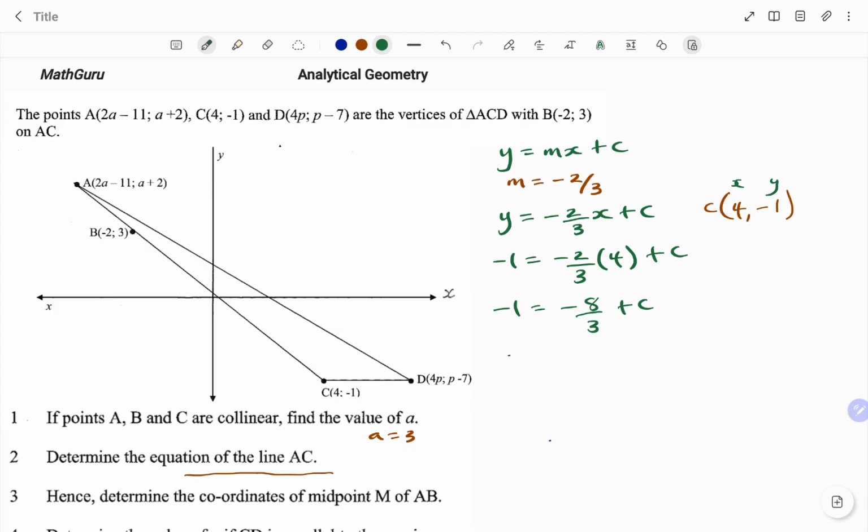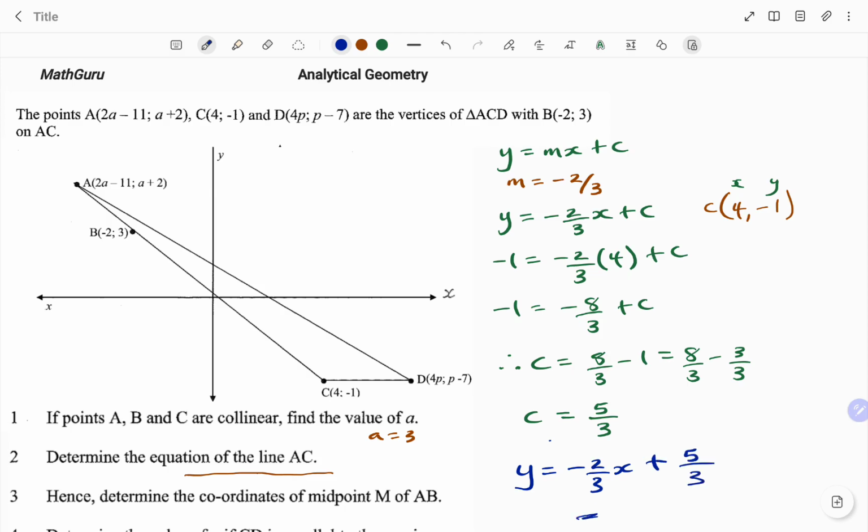Therefore, c will be, if I move my -8/3 to the left hand side, +8/3 minus 1, which is 8/3 minus 3/3 to make the denominator the same. So c will be 5/3. So therefore, the equation of the line AC will be y equals -2/3 x plus 5/3.